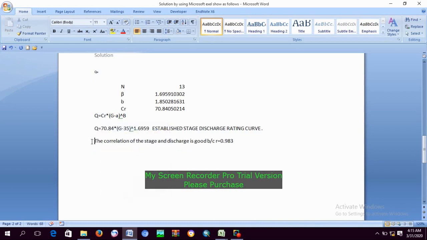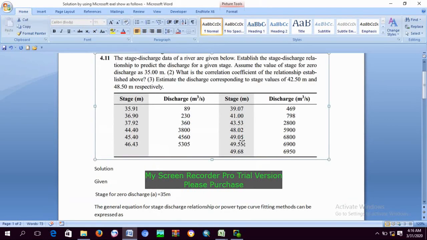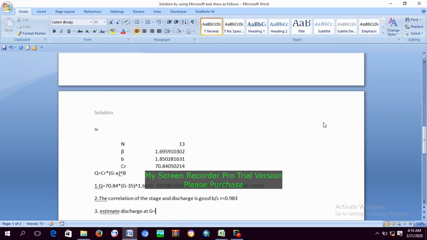That is the answer for question 2, and the third one is to estimate the discharge at G equal to, as you can see from the equation, 42.5 and 48.5.